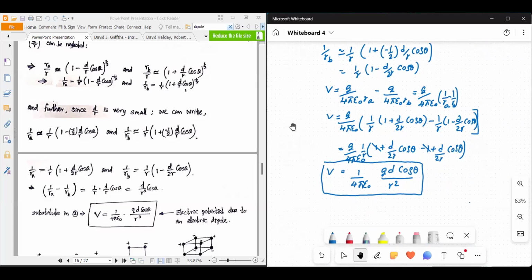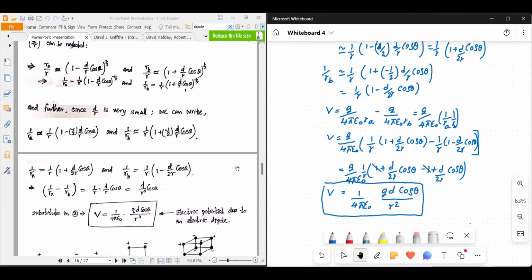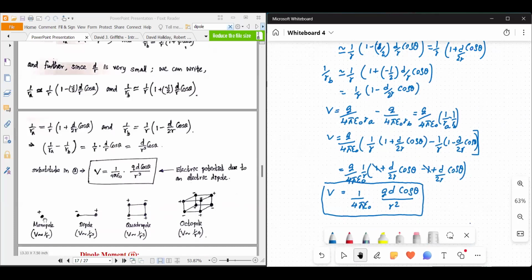Okay. And now when we have one charge, we can call that a monopole. When we had two charges with the same magnitude but opposite signs, plus and minus, we call that a dipole.